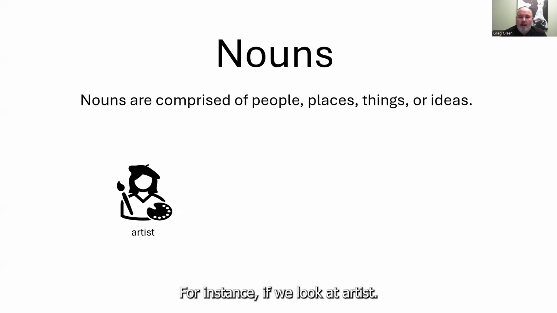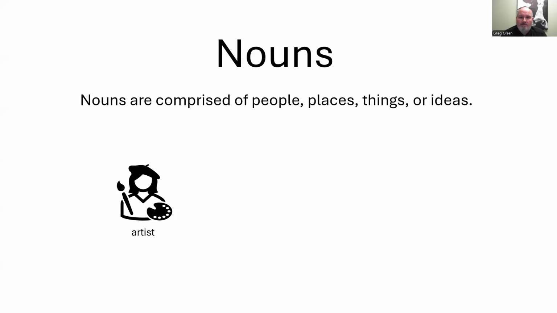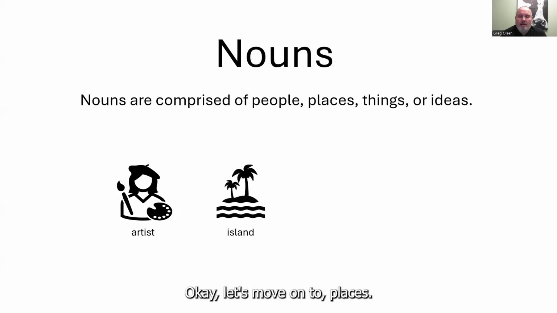For instance, artist is a common noun because it's a representation of many artists. Where we take Pablo Picasso, now we have a specific artist with a name, so that's going to be a proper noun.